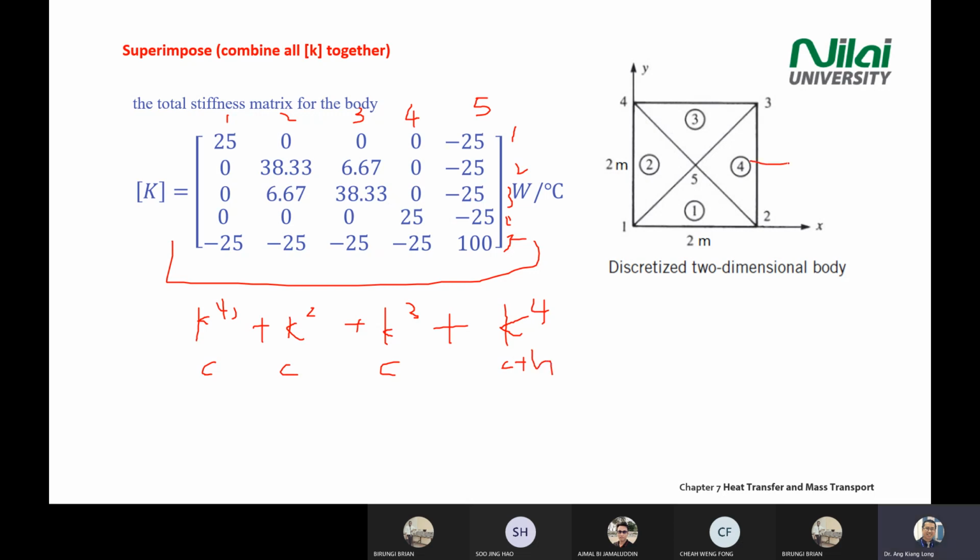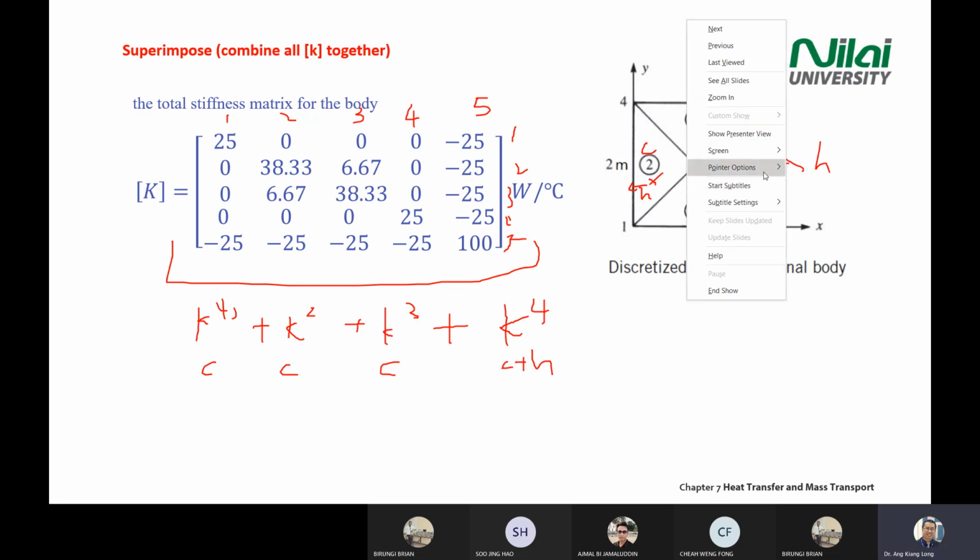Because here exposed to H. There's a conduction here. There's no H for element 3. So only have conduction, conduction, conduction. No H for element 1. No H for element 2.